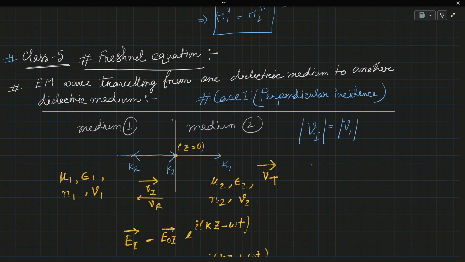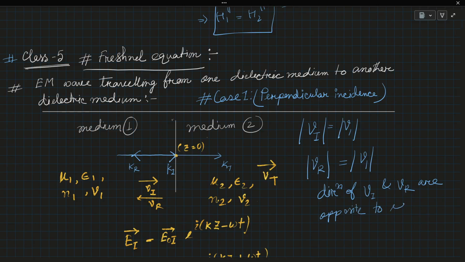And vr, the velocity of the reflected wave, is also v1, but the directions of vi and vr are opposite to each other.